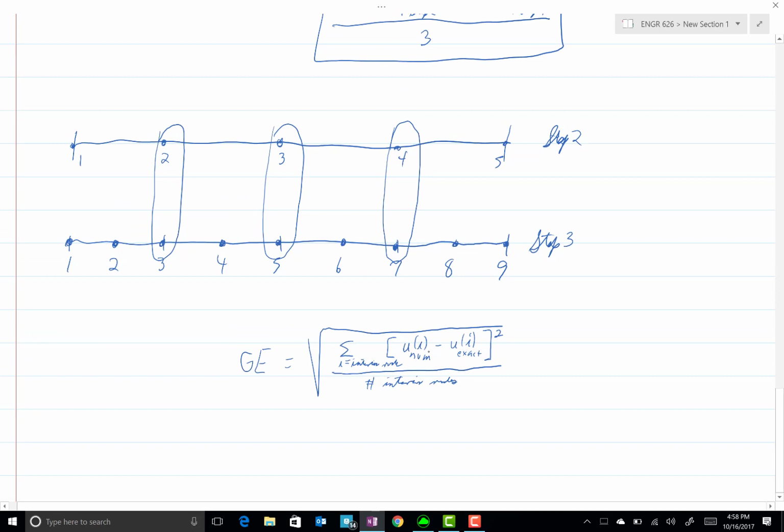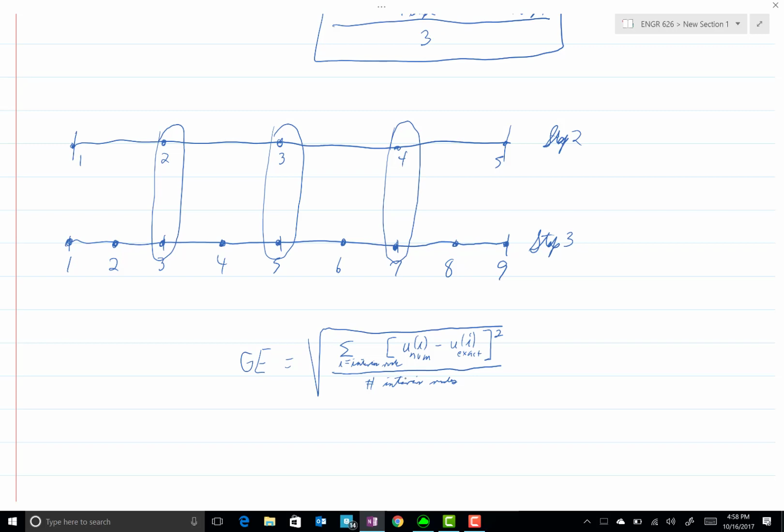At each one of those nodes, we calculate the Richardson extrapolate, subtract from it the exact solution, and then square that. We do that at each node and add up what we get. After we add that all up, we divide it by the number of interior nodes, in other words, the number of nodes at which we're calculating this Richardson extrapolate. And then finally, we take the square root, and that'll be our global error.